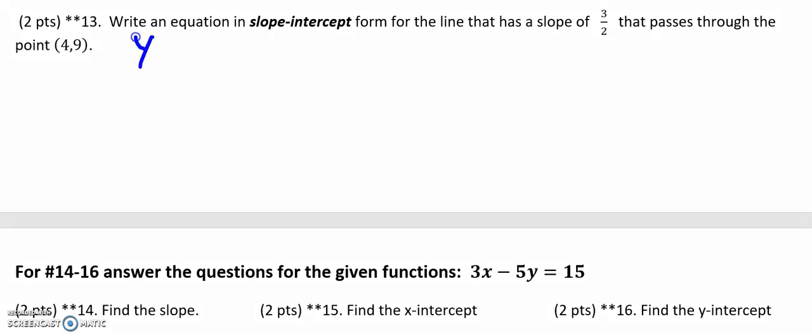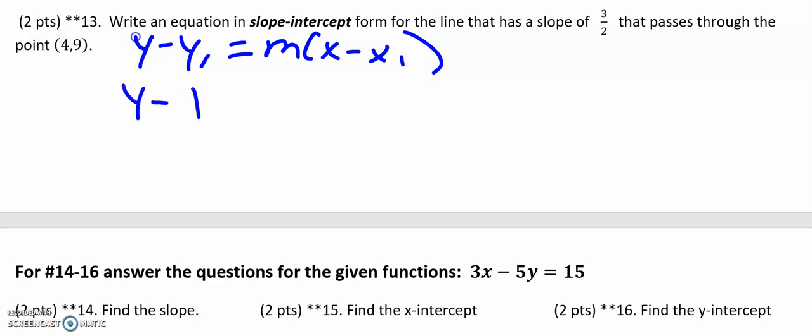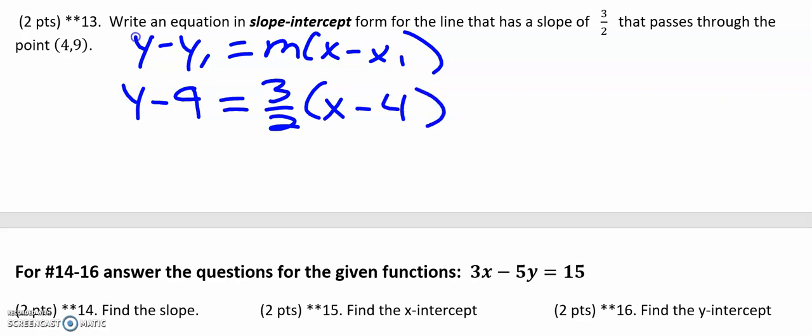Point-slope form is y minus y1 equals m times x minus x1. All we have to do now is substitute the values it gives us. y1 is 9, the slope is 3/2, and x1 is 4.